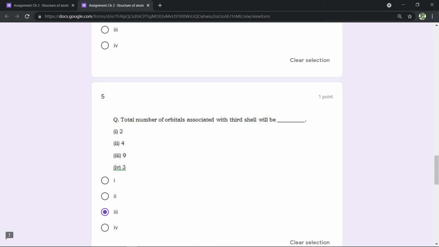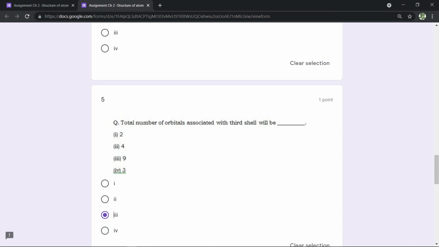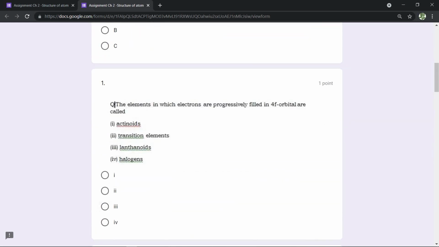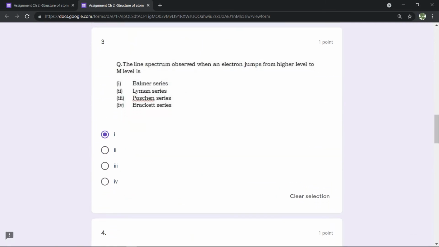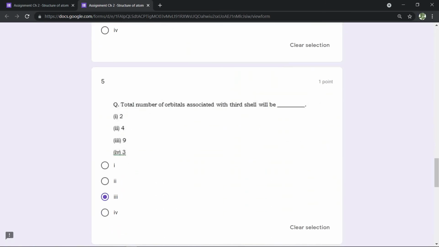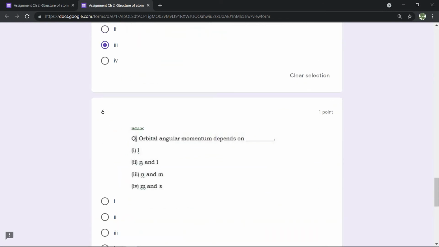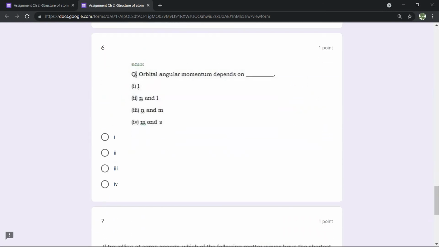Next, orbital quantum number depends upon. Orbital means which quantum number? Azimuthal quantum number. Which value? Orbital angular momentum. Only the first part, L. It depends only on the value of L. Orbital angular momentum.